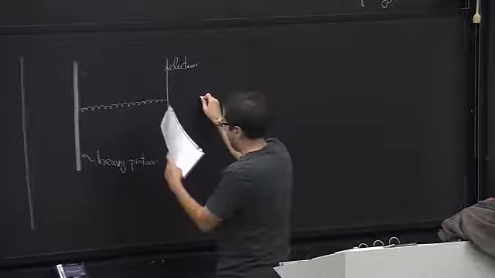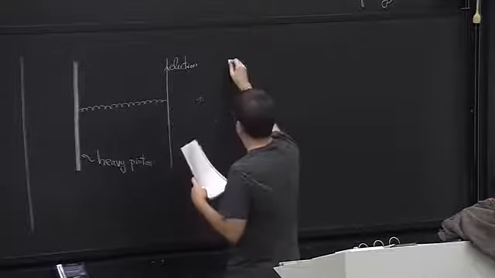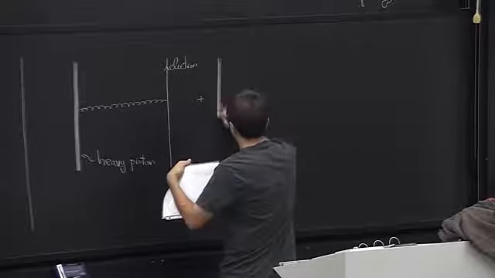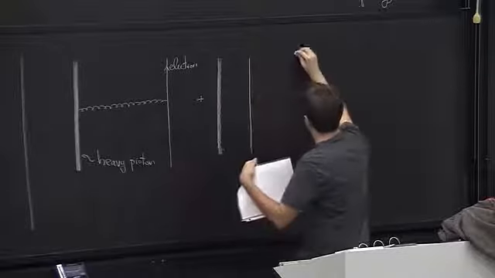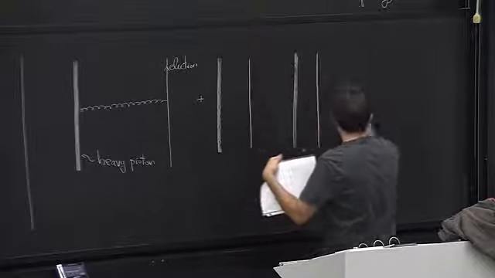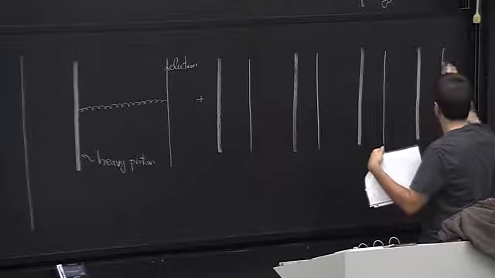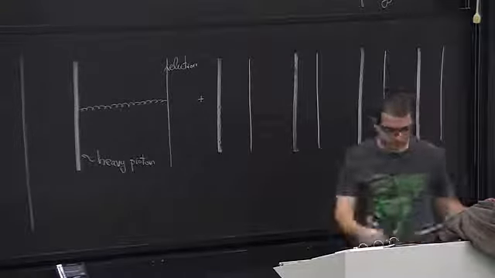And then we start drawing other loop corrections to this process. Let's draw a few.